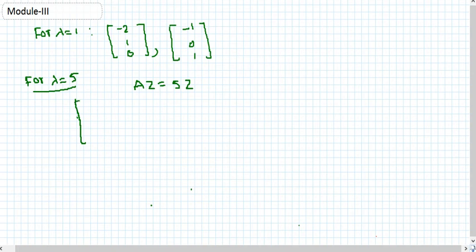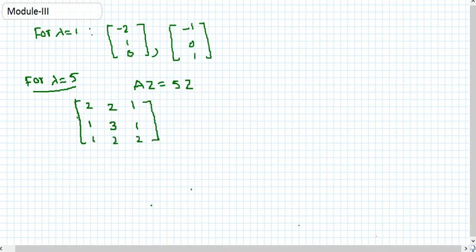Let me write down what A is. A has first row 2 2 1, second row 1 3 1, and third row 1 2 2.